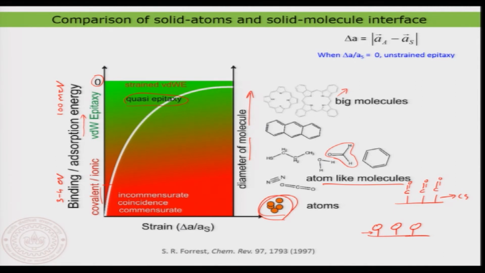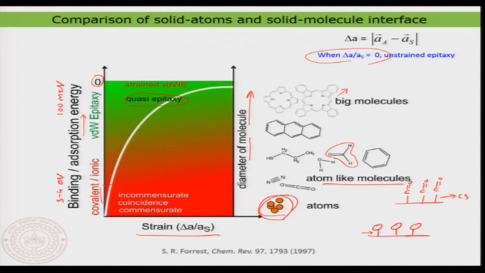Now there is also one more interesting parameter that you can plug in, that is basically the strain that we talked about. In the case of atom-like adsorbates, although we talked about a variety of strain, you might notice that the strain you would calculate in the case of molecular adsorbates is much larger than in the case of atom-like adsorbates. The reason is very simple.